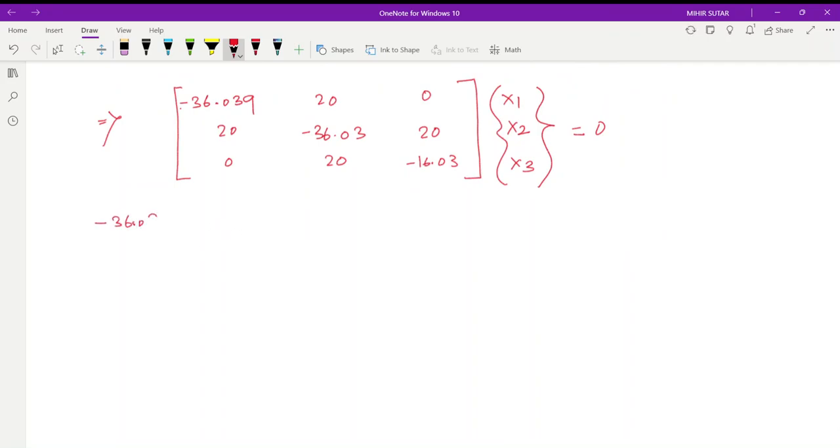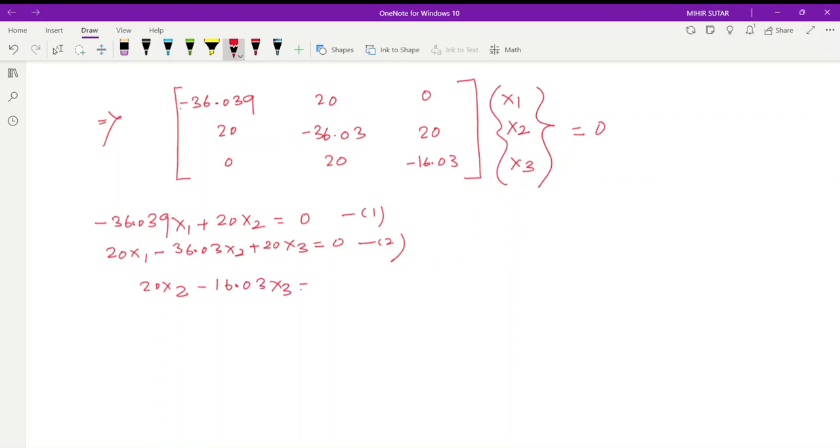So we will have the equations as minus 36.039 x1 plus 20 x2 is equal to 0, and 20 x1 minus 36.03 x2 plus 20 x3 is equal to 0. Let's say this is equation 1, this is equation 2, and further we'll have 20 x2 minus 16.03 x3 is equal to 0. Let's say this is equation 3.